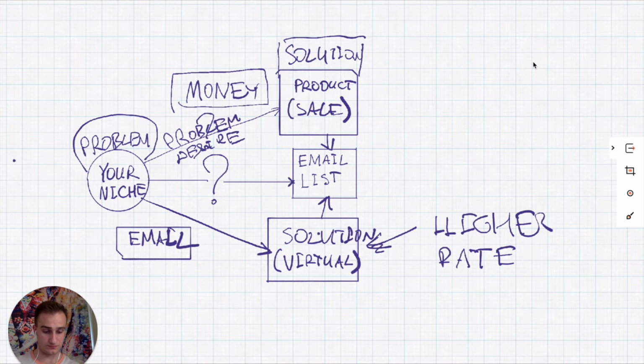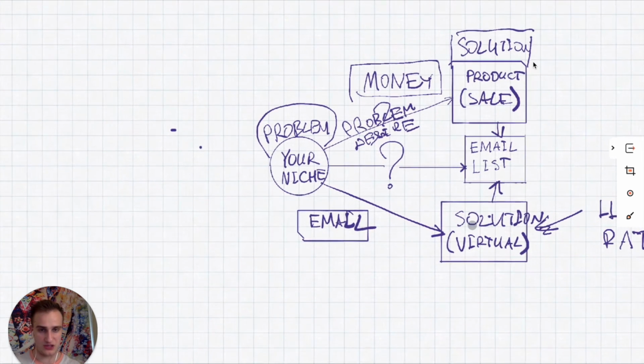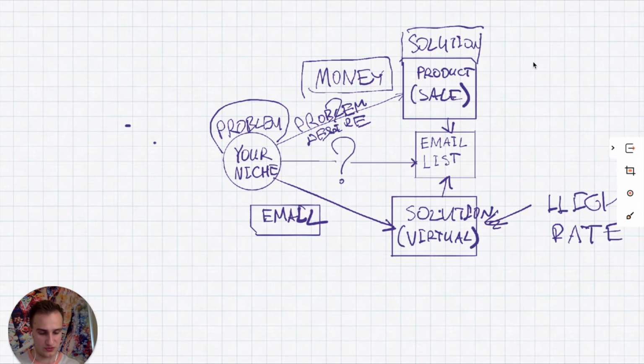Okay, but question number 2, which probably these guys following me right now have: how are we driving people to this system, to this niche? If we find these people with digital ads, it means that we need to pay money for people to opt in to get this value.